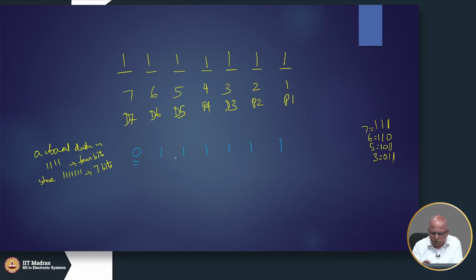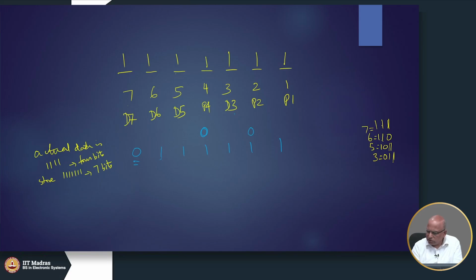So 0, 1, 1, it is already okay. So this becomes 0. Then the second is 7, 6 and 3. So 0, 1, 1. So it is already good. So we put a 0 here.